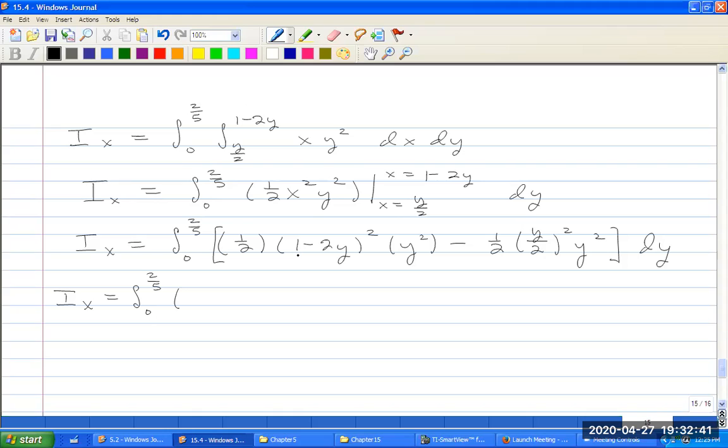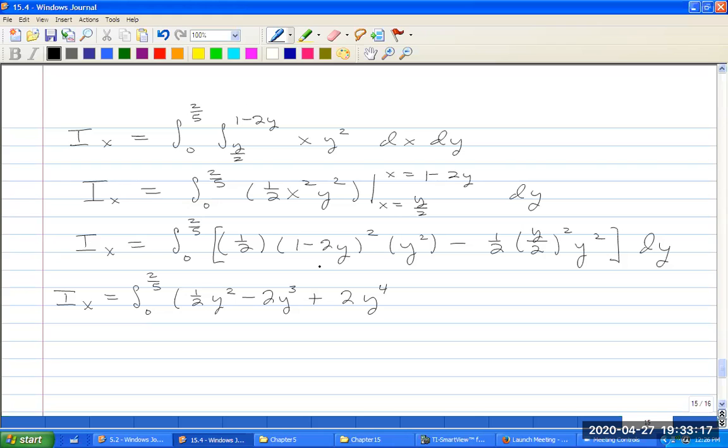So it's 1 squared times y squared times 1/2, so it's a 1/2 y squared, 4y to the 4th, 2y to the 4th, plus 4y squared, 2y squared times y squared is y to the 4th.